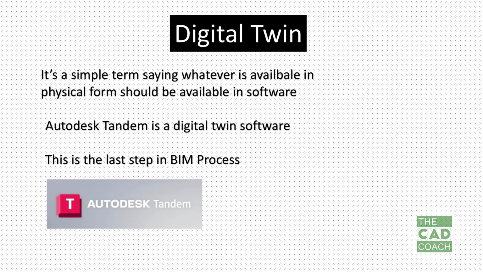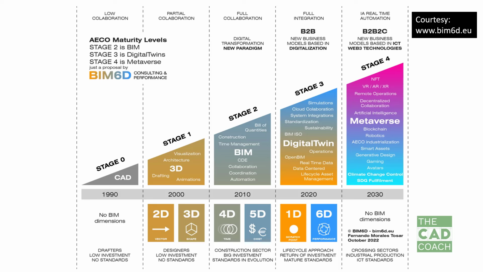Now, conceptually, let me explain one thing that is a little bit interesting to understand. That is the BIM maturity level. Initially we had only CAD. CAD was the biggest transformation from paper to software, where most of the time and work got saved. From CAD we moved on to 3D. 3D is stage one, where we did only 3D modeling.